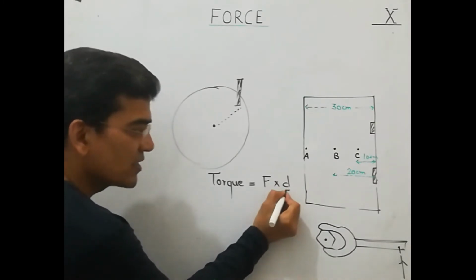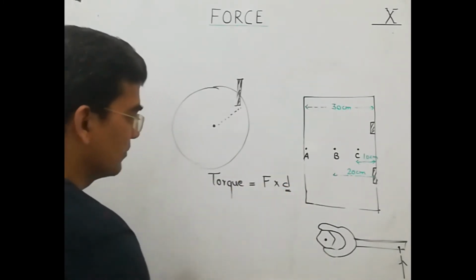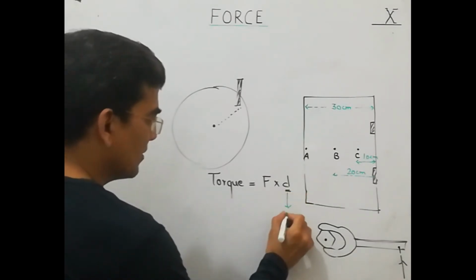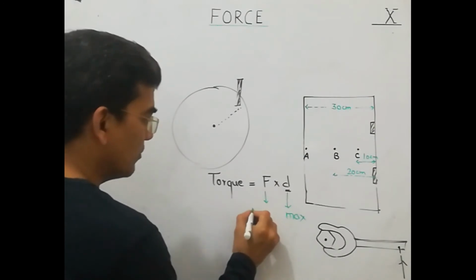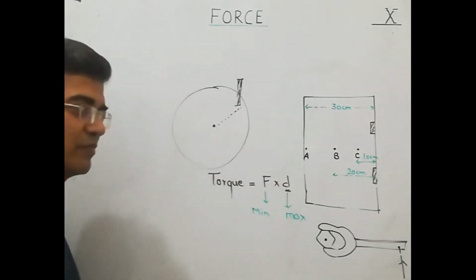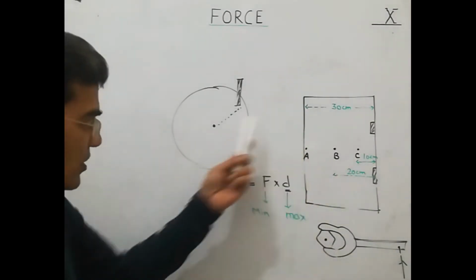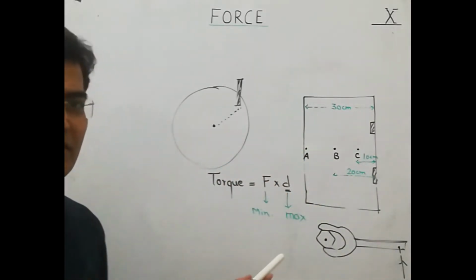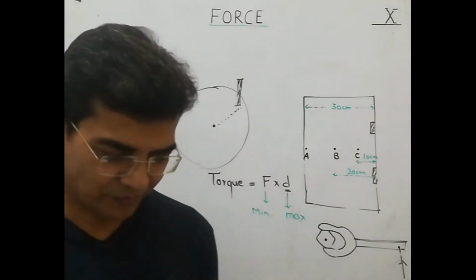So if you keep this distance maximum, then the force required will be minimum. So this is the reason that all these things have the same reason. That's what I've given you in the notes, you can go through it.